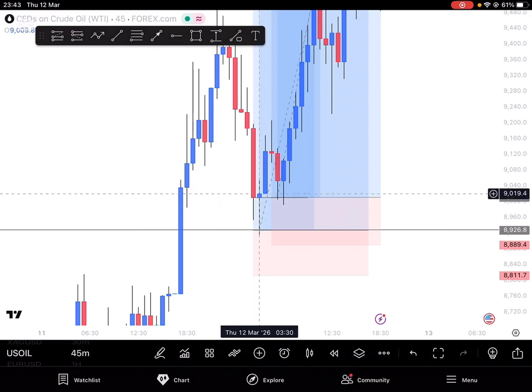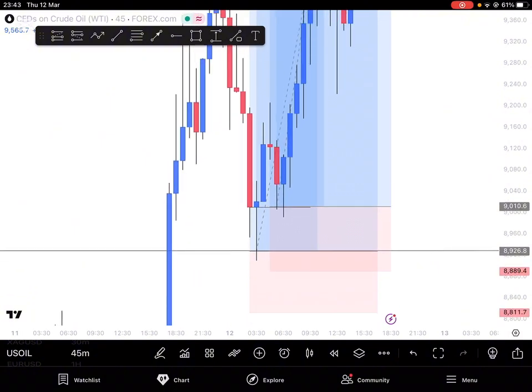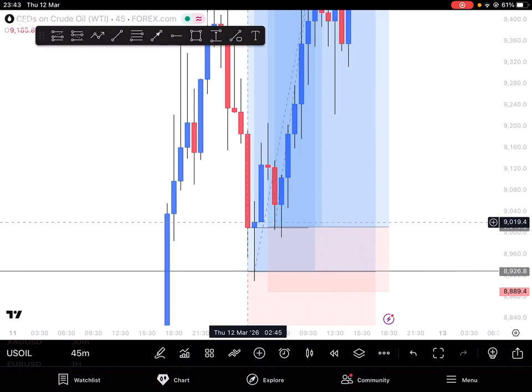So this V-shaped level now, and mostly I notice when price creates something like this, like this particular candle with no wick, price is going to trade lower there.